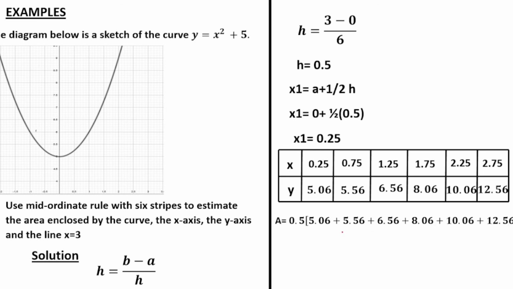So you add all these using your calculator, then you multiply by 0.5. The sum of these becomes 47.86, so it is 0.5 times 47.86, and finally the answer becomes 23.93 square units. That is how we can apply the mid-ordinate rule.